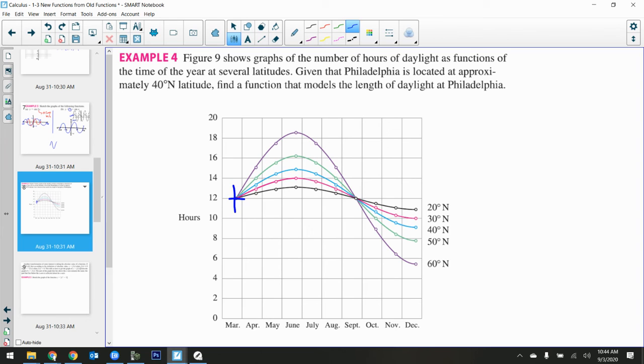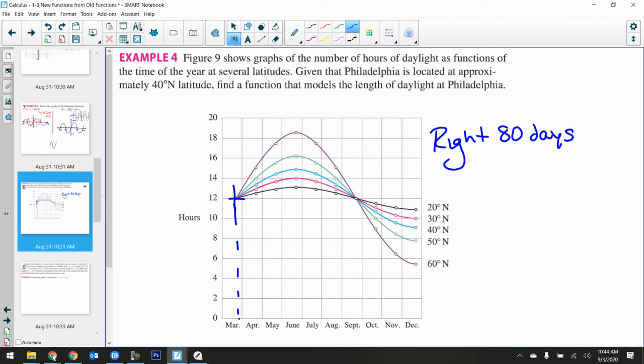So the first thing that we've got to do is figure out how much it shifted to the right. Well, where does this start? I'm looking at the book solution and it said it starts right about in the middle of March. So they estimate it to be the 80th day of the year. If we assume 0 is January, this got shifted to the right 80 days.